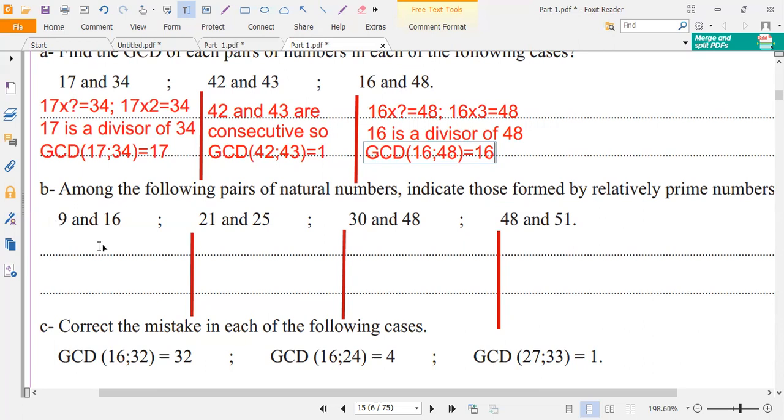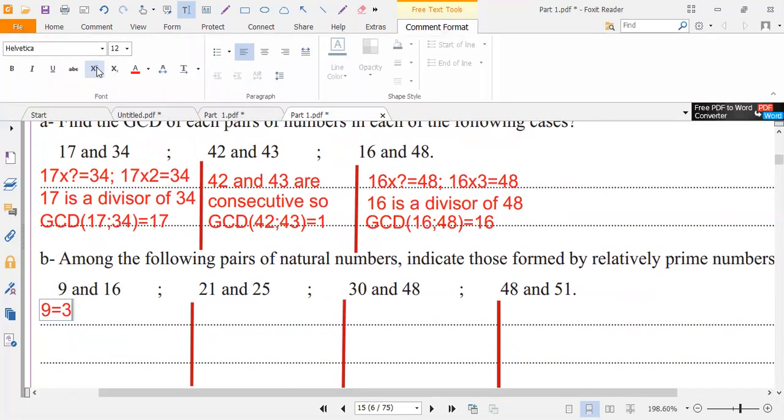So look, we have 9 and 16. They are not consecutive. Can we see that they have a common divisor? We cannot. So let's find the GCD. We know that 9 is equal to 3 to the power 2, and 16 is equal to 4 to the power 2.